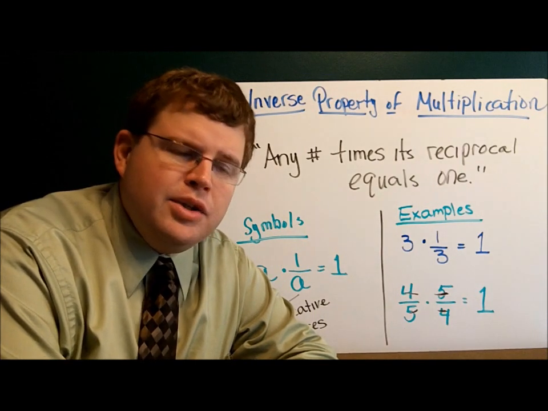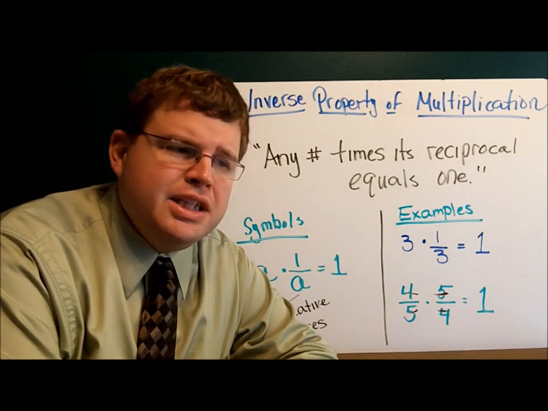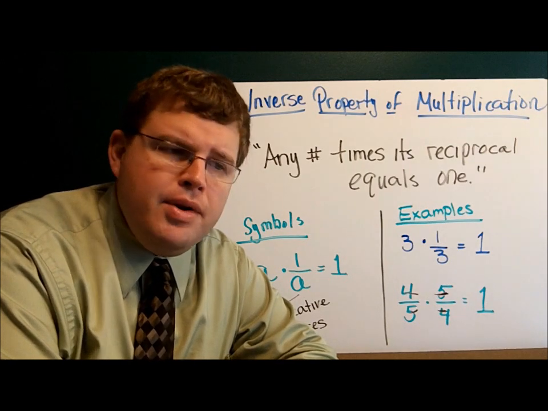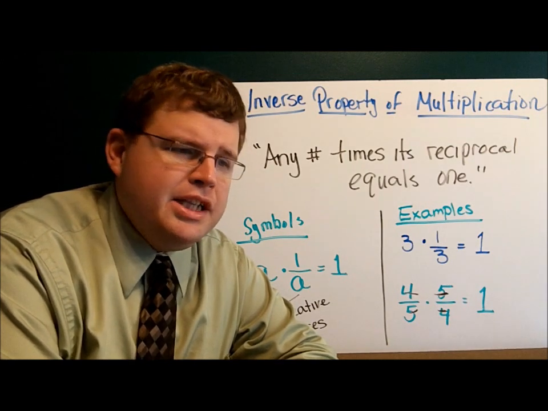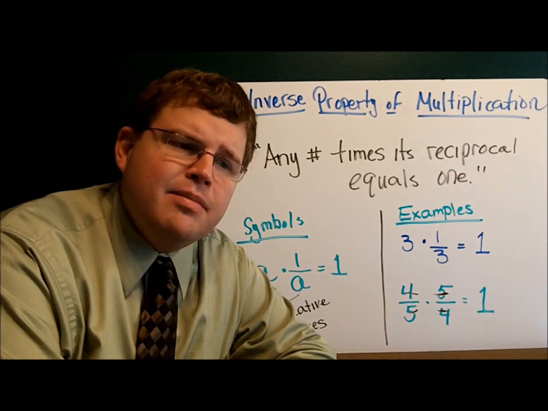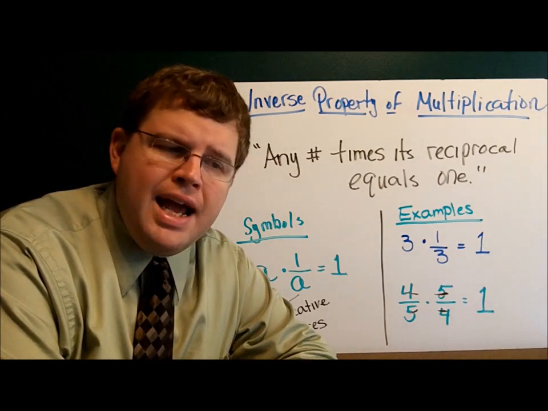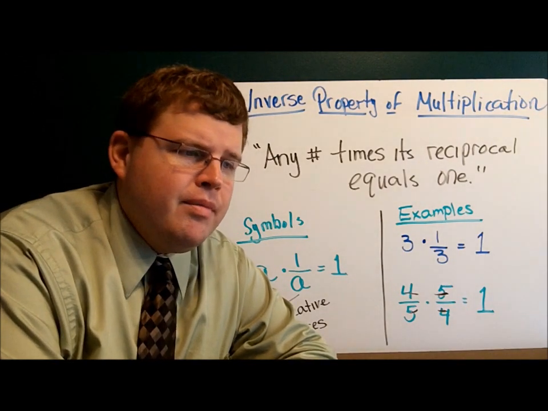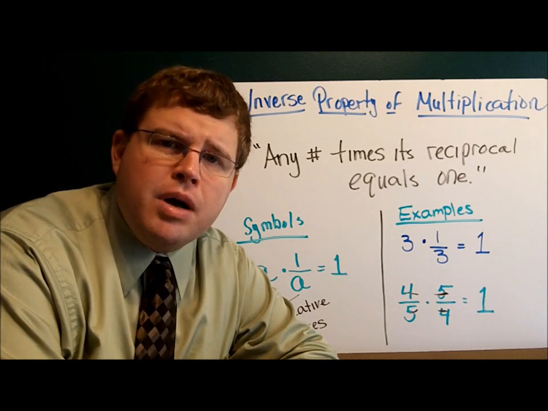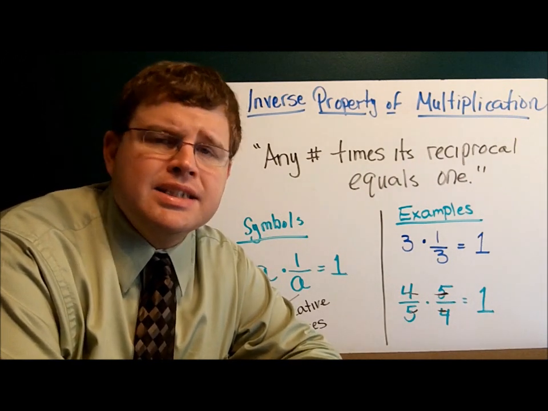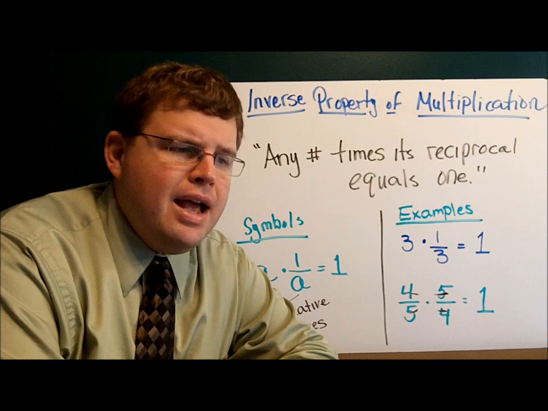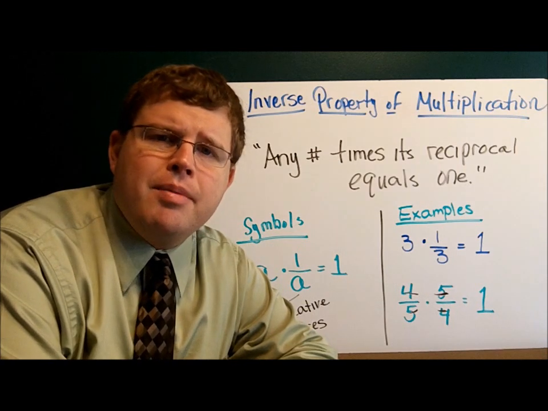G, associative property of multiplication. H, commutative property of multiplication. I, symmetric property. J, reflexive property. K, transitive property, or you could also say the substitution property. L, substitution property.